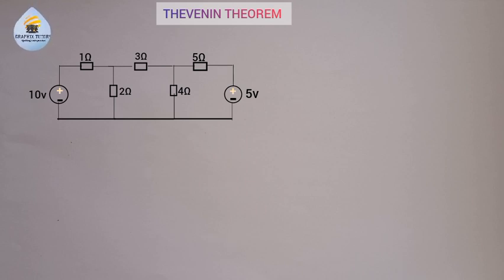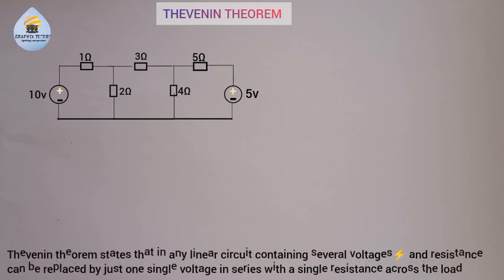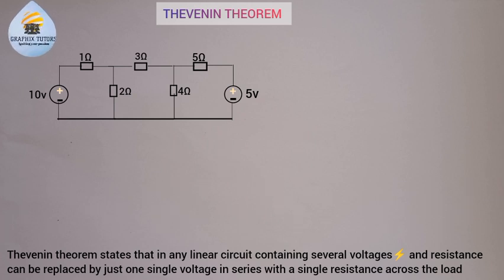Now, first of all, we need to understand what Thevenin's theorem is. Thevenin's theorem states that any linear circuit containing several voltages and resistances can be replaced by just a single voltage in series with a single resistance across the load.